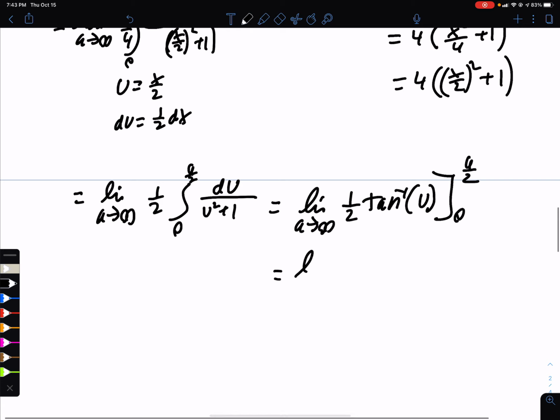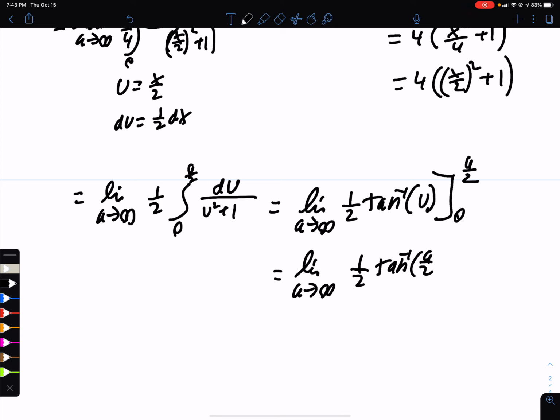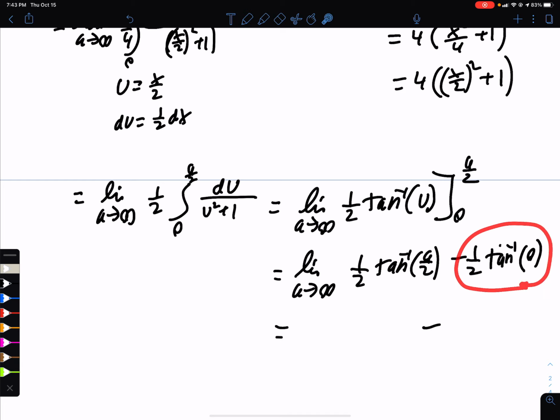Let's do this. Arctan of a over 2 minus arctan 0. Let's do the second half. What angle has a tangent of 0? 0. That's just 0. That's easy.